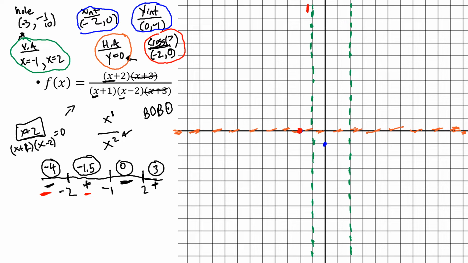To the right of -1, we're going to have negative values. So we're going to have negative values here. To the left of 2, we're also going to have negative values. So we'll have negative values here. To the right of 2, we're going to have positive values. So we're going to have positive values here.